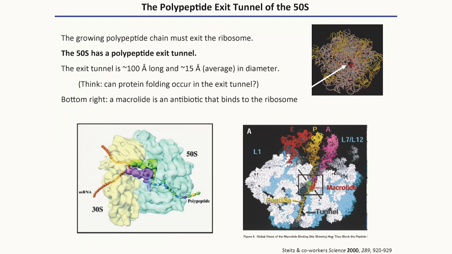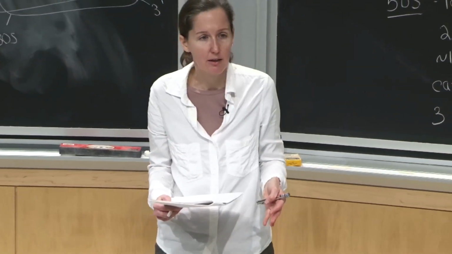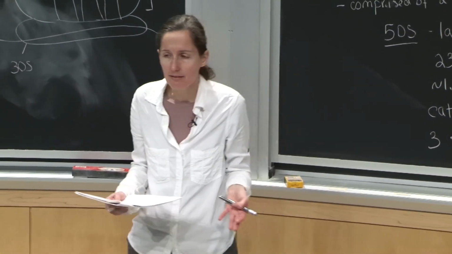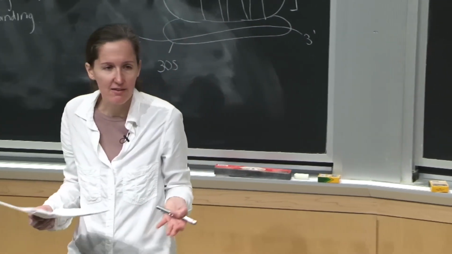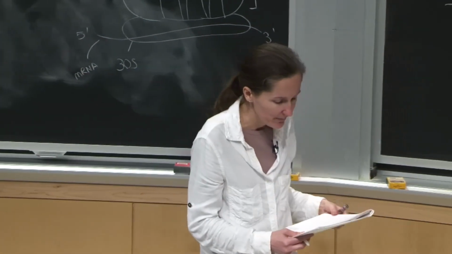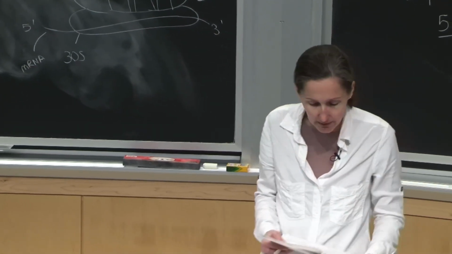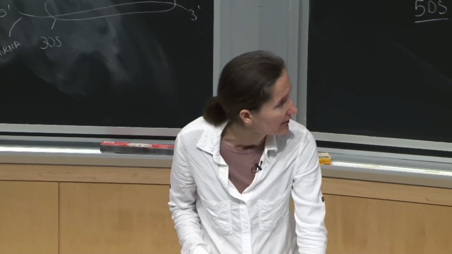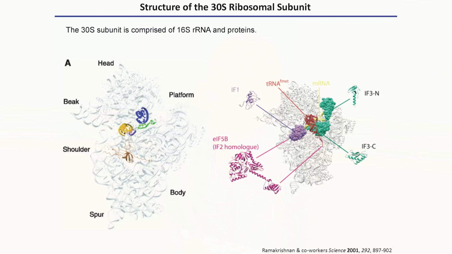So briefly on the 30S, similar to the 50S, as said before, this 30S is comprised of RNA and proteins. It has the sites of mRNA binding and decoding. Here's just a structural overview of the 30S, with different regions named.